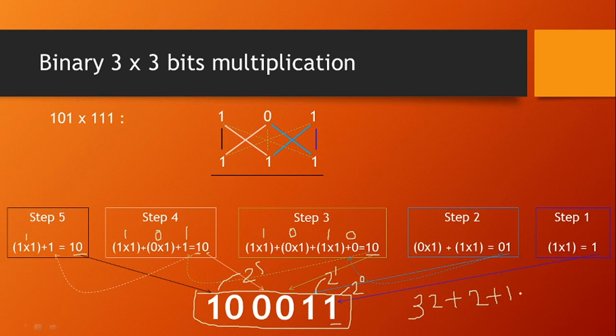So 32 plus 2 is 34, plus 1 that is 35. It means 5 into 7 we get here that 35.